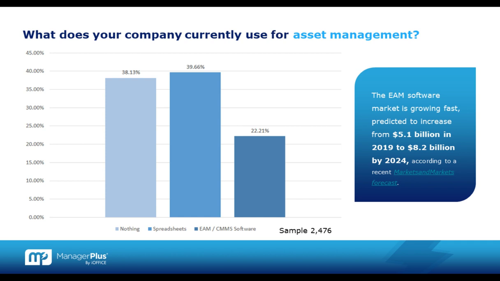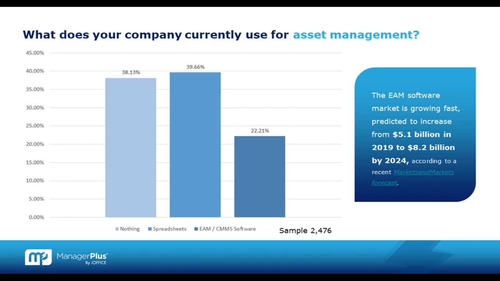Okay, so you should see on my screen here, the EAM market is expected to grow by over 60%, reaching a whopping $8.2 billion by 2024, which suggests that businesses are increasingly looking for effective solutions to manage their assets. And why is that so important? A company's assets represent one of the largest expenses in their balance sheets, and I believe it's second to human resources.